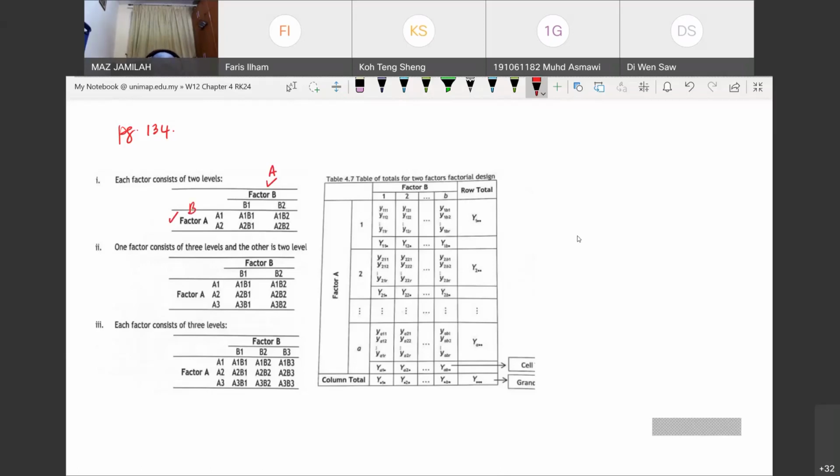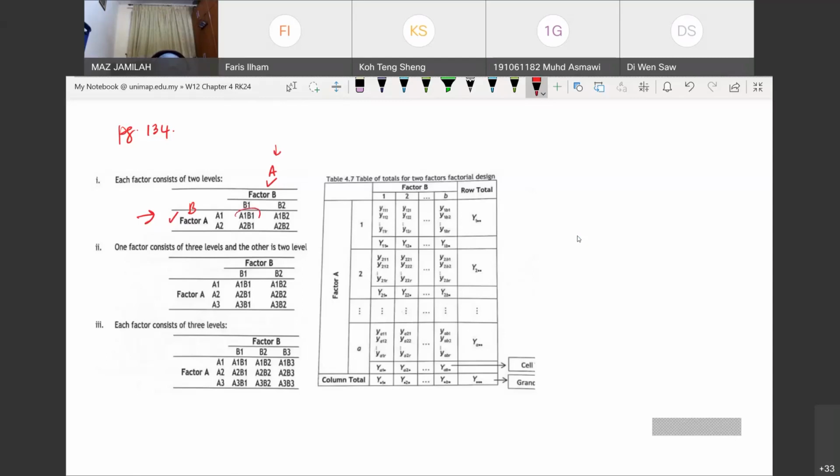But it's okay as long as you know what you are referring to for your column and what for your row, and you understand the effect of this particular arrangement. So if you have two levels of factor A and two levels of factor B, what you have inside would be A1 and B1.